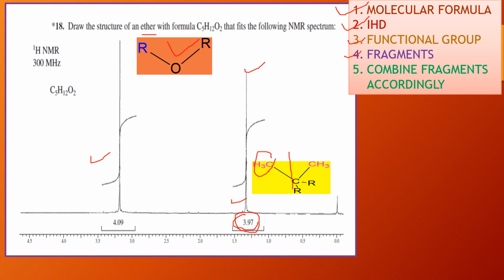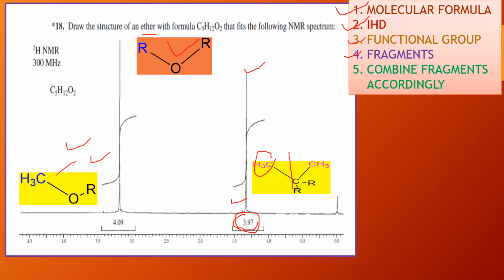So obviously whenever there is a higher chemical shift value, it means that the carbon having the proton is attached to a more electronegative or de-shielded atom. So here we can say that this carbon is attached to the oxygen, right? So this is the possible fragment corresponding to this peak.